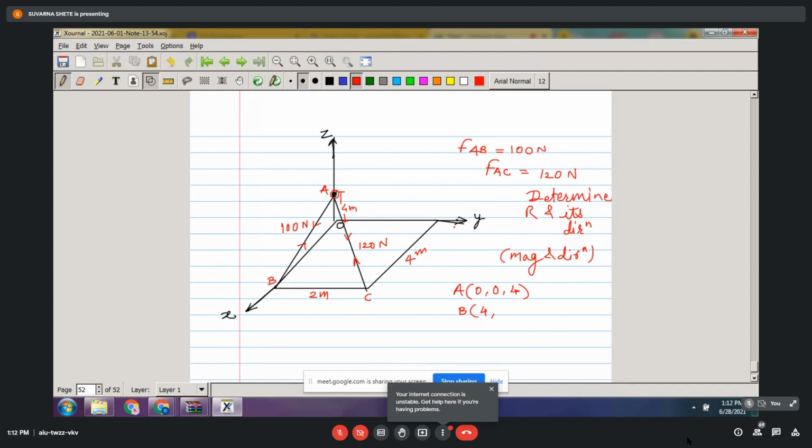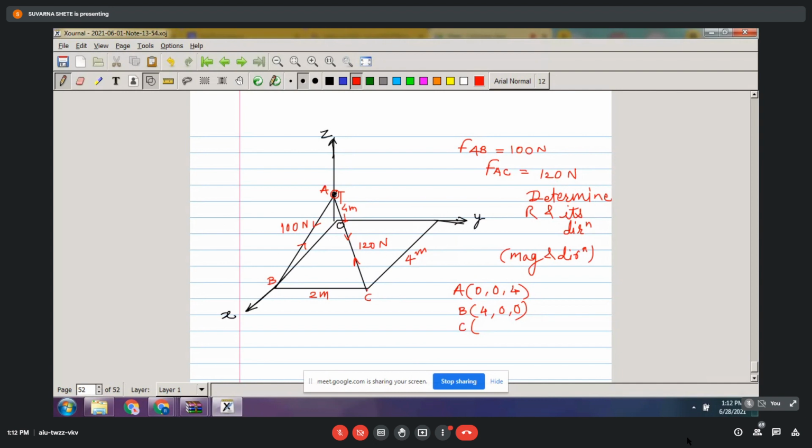But Y is 0, and as it is lying on the X axis, Z will be 0. So it will be 4, 0, 0. Is it clear to everyone? Yes, ma'am. If you write this properly once, then later in the problem you only have to follow the process, nothing else.